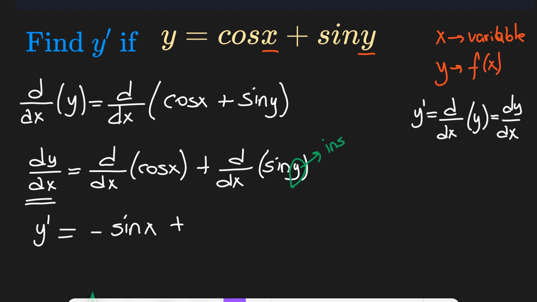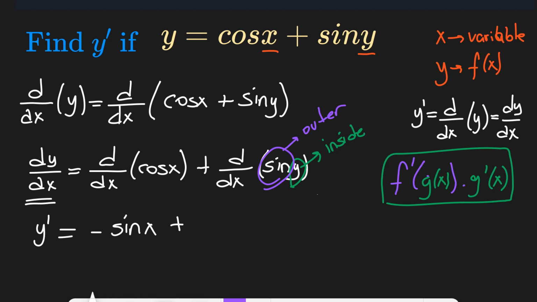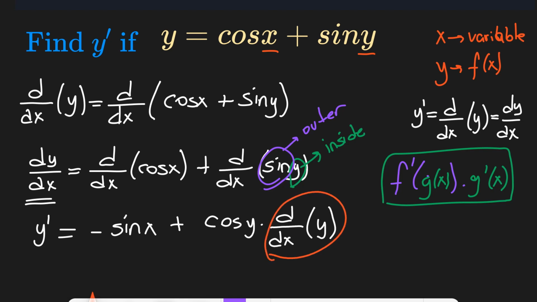Here y is the inside function, sine is the outer function. Take a quick look at the chain rule here. Derivative of the outer function with untouched inside function, which is cosine y, times the derivative of the inside function, which is the derivative of y with respect to x, which is the same as y prime.